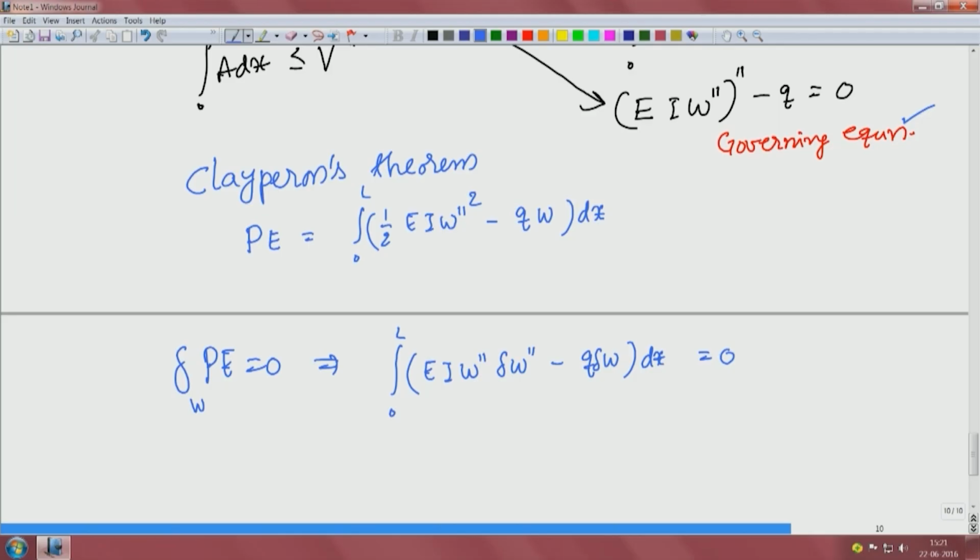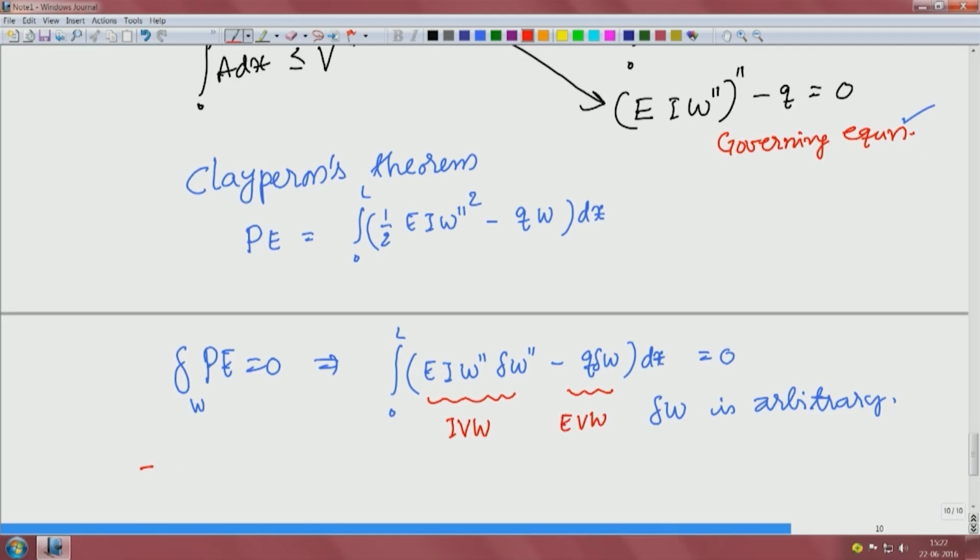Okay. So, now if you look at this problem here, this delta W is our variation, is arbitrary, okay, that is like virtual displacement. This is the statement of principle of virtual work. This portion is internal virtual work, this is external virtual work.